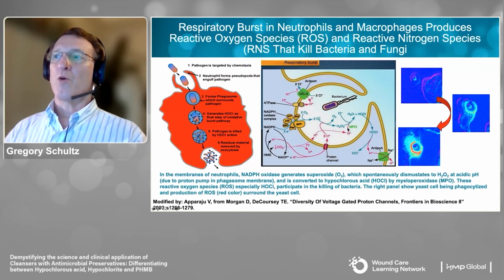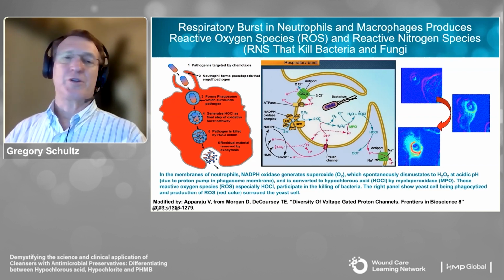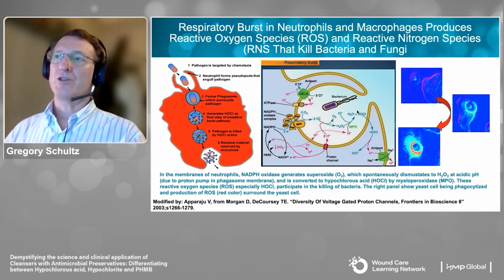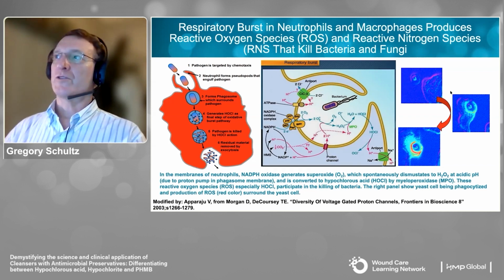But even more importantly, within the phagosome, the azurophil granules will fuse and secrete the myeloperoxidase enzyme, and that will add a chlorine onto the hydrogen peroxide and make hypochlorous acid, which is the terminal reactive oxygen species that our neutrophils and macrophages make.